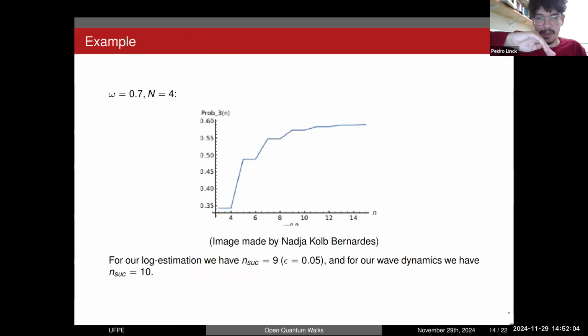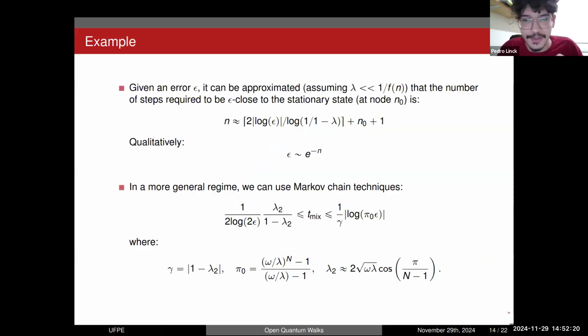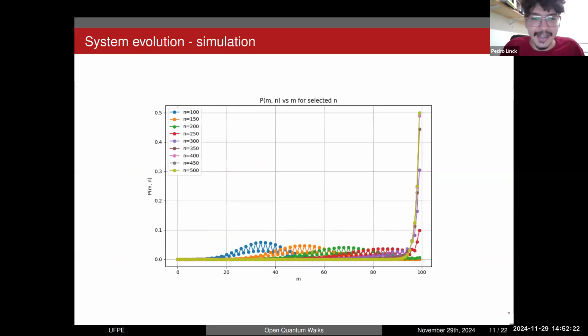You have something, then you stay stabilized for one step, then you move, then you stay stabilized, then you move, because we only have movements every 2 steps. If you can see, the odd ones are like a Gaussian, and the even ones are like a Gaussian, because there is only movement in a particular node every 2 steps. Am I clear about that?